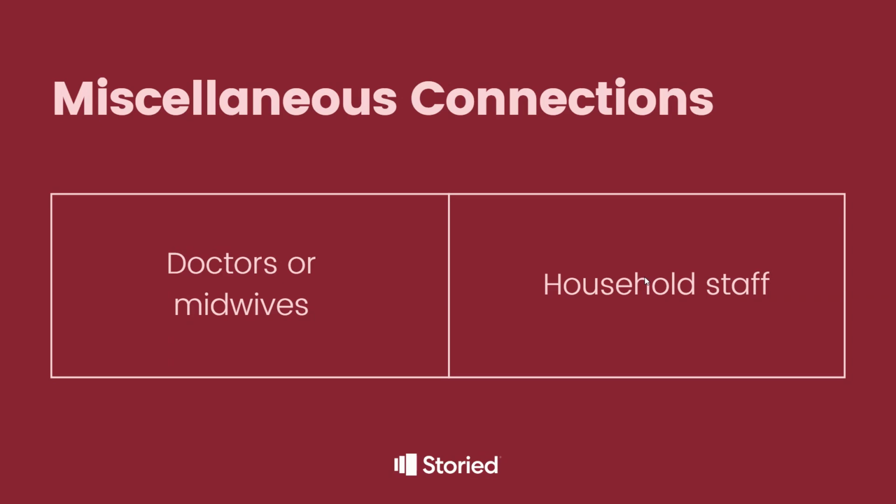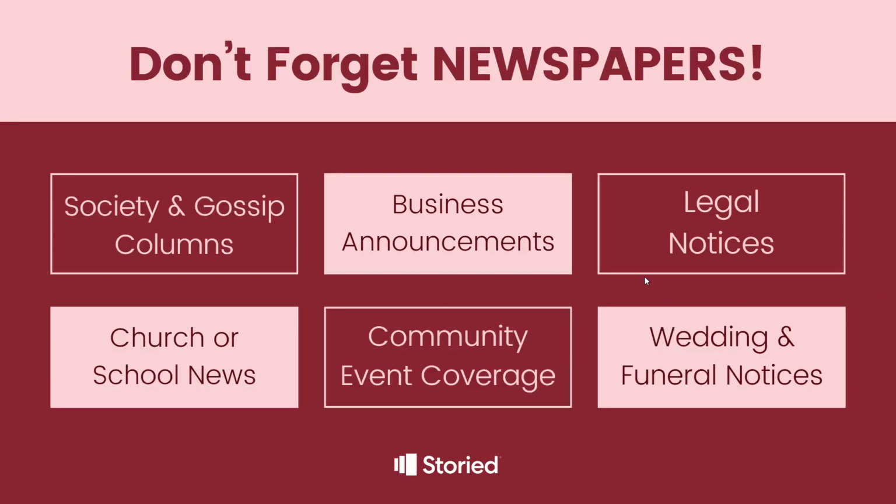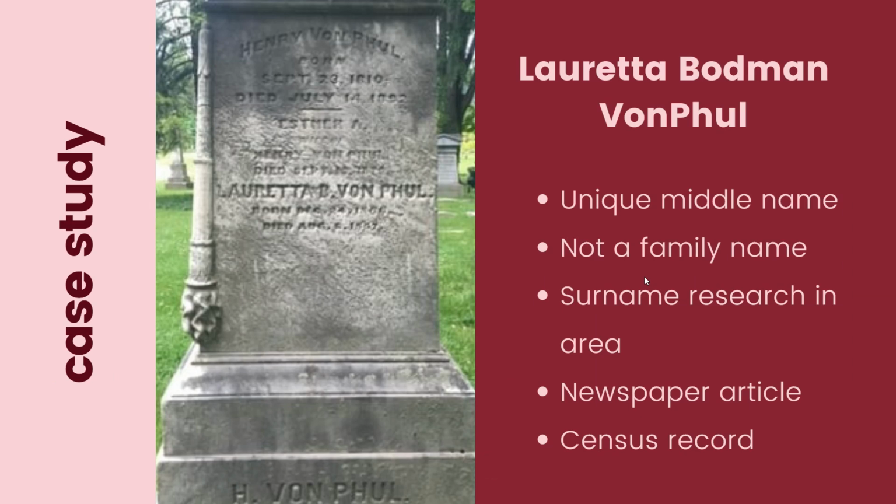So think about those connections. And then don't forget newspapers. You can look in society and gossip columns, business announcements, legal notices, church and school news, community event coverage, and even wedding and funeral notices to find mentions of your ancestors, and then finding people that were also mentioned in those pieces.